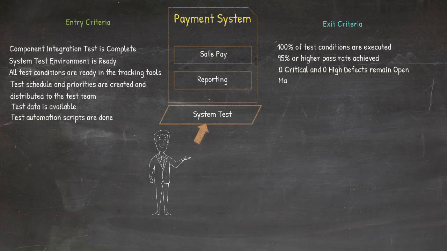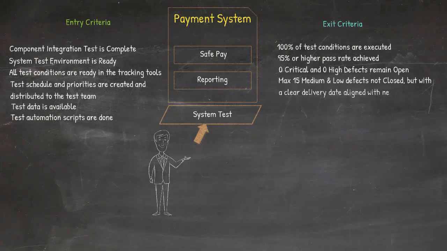Medium and low defects under a set number, for example, let's say under 15, and all of them with a clear delivery date. We need to make sure that they are closed during the next test level, or to make sure that they have a workaround and are accepted into production.